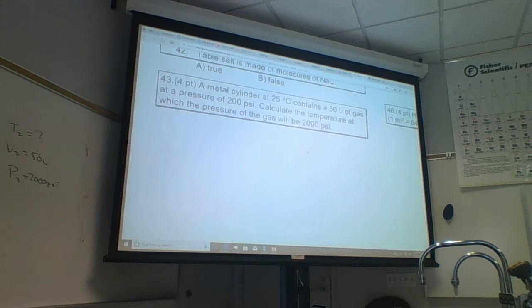And that's going to give us 2,707 degrees C. How many sig figs are we left with? Yeah, maybe 2,700 degrees C.